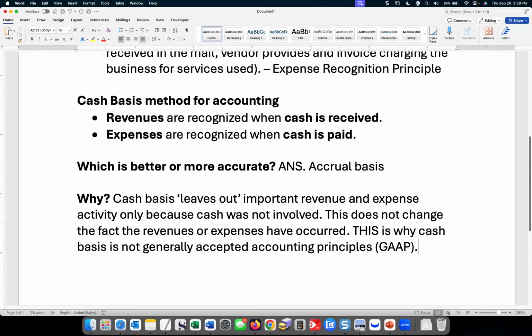A company like that could follow the cash basis because they're looking at money coming in, money going out. And that's the way they can look at it. So it is something that you can do. In fact, QuickBooks, which is one of the popular accounting software packages out there, offers you an option to toggle on the cash basis approach.